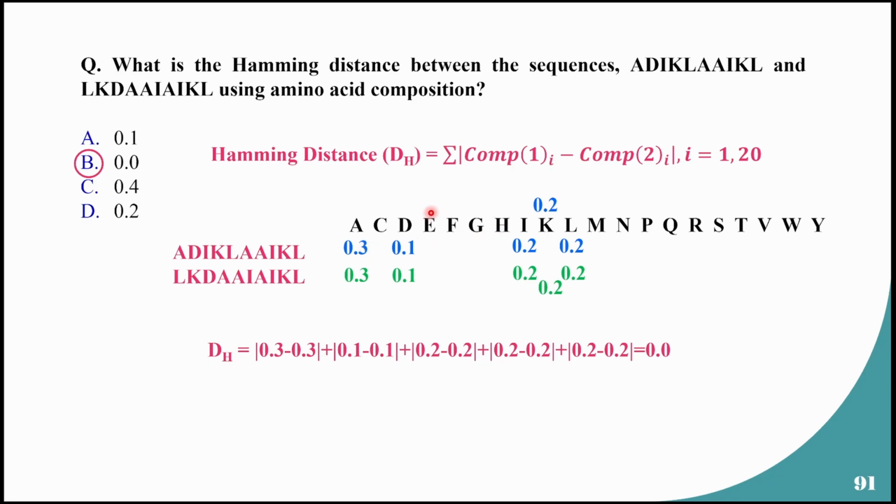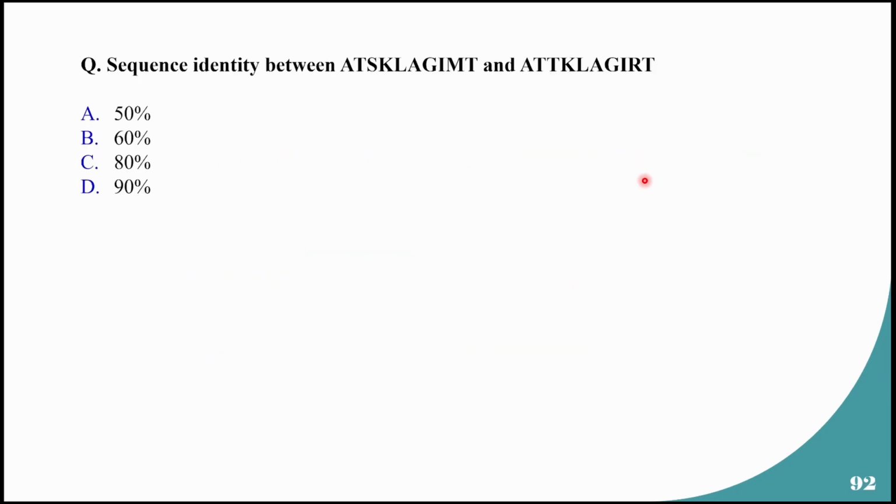Where an amino acid is not present in sequences 1 and 2, you do not need to do those calculations, but for the rest, you take the absolute value of comp 1 for the particular amino acid minus comp 2 for that amino acid, and sum all of them up. That gives you the Hamming distance in total. So remember this formula for calculating Hamming distance.